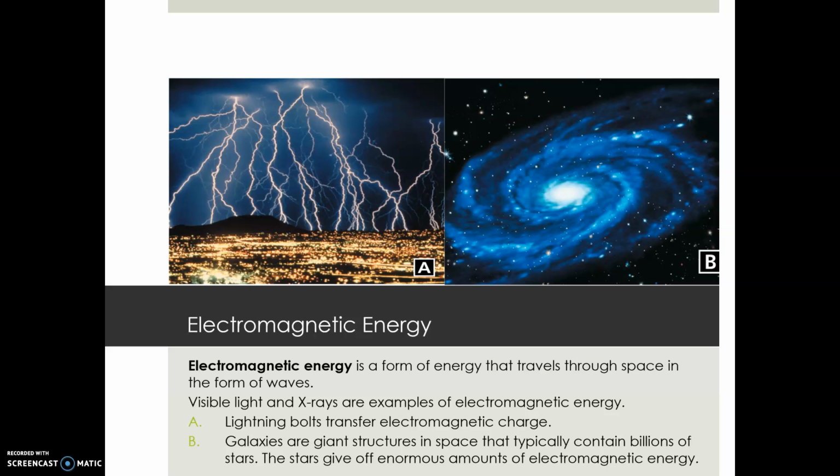It gives off visible light because it provides light for us to see. It also gives off ultraviolet radiation, which is another form of electromagnetic energy. It gives off infrared radiation, which is a part of heat energy as well. So lots of different kinds of electromagnetic energy are given off by stars.